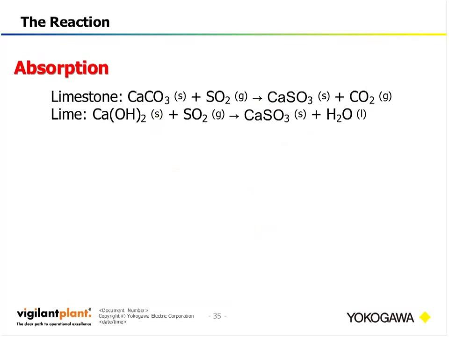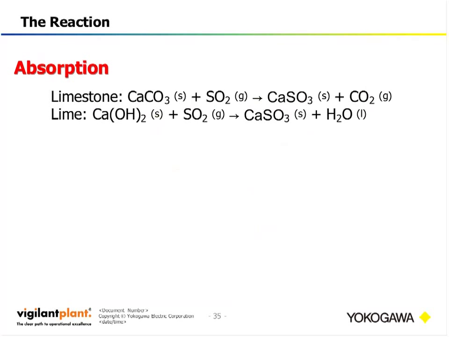The lime or limestone reacts with the sulfur dioxide in the flue gas to create insoluble calcium sulfite, as in the equation shown above. The absorption rate is affected by pH, concentration, the temperature of the liquid, and the liquid-to-gas ratio. A pH sensor in the recirculating tank is normally used to control the feed of the solid lime or limestone.